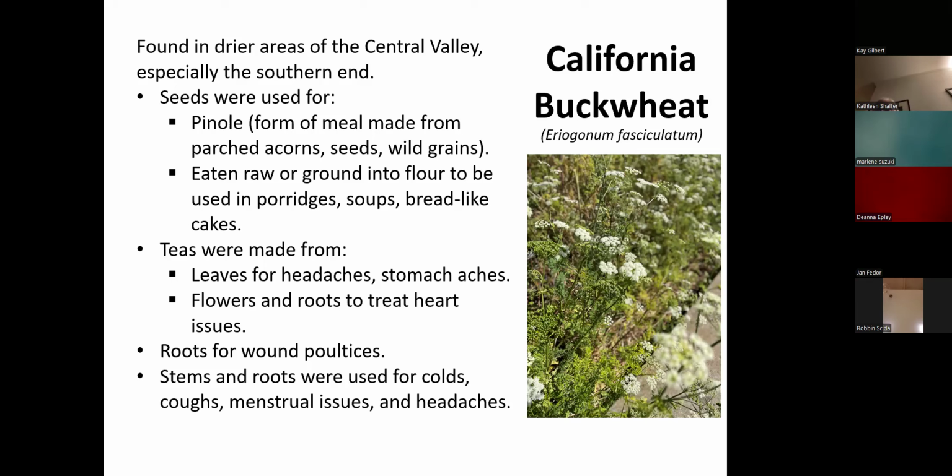Teas were also made from the leaves for headache and stomachache, and flowers and root to treat heart issues. The roots were used for making poultices for wounds and cuts. The stems and roots were used for cold, cough, menstrual issues, and headaches. So again, here's a plant that has lots of multiple uses.